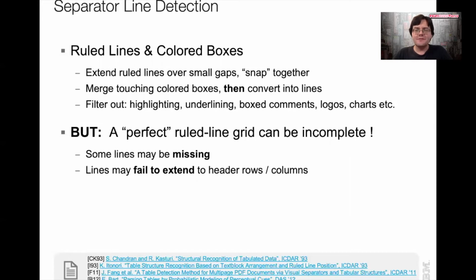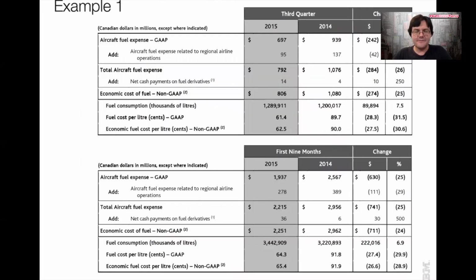However, even after you detect graphical lines, even if they form a perfect grid, it may not necessarily mean that you can rely on them to detect cells. So here is an example of tables with a perfect ruling line grid, but they don't define correct cells because some of the lines are not ruling lines, but are white space lines.